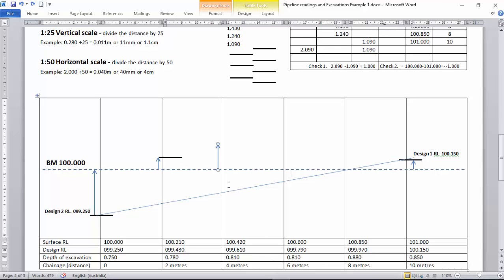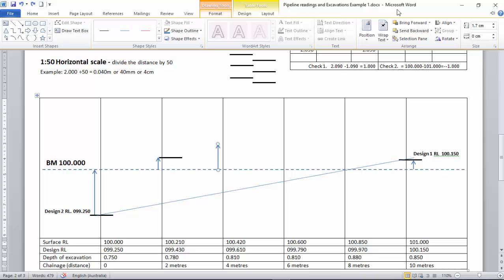which is a 4 metre one, and at 4 metres it's 420 millimetres higher than our 100 millimetre level line. So we go 0.420 divided by 25, and that equals 0.017. So when we put that, it's 1.7.